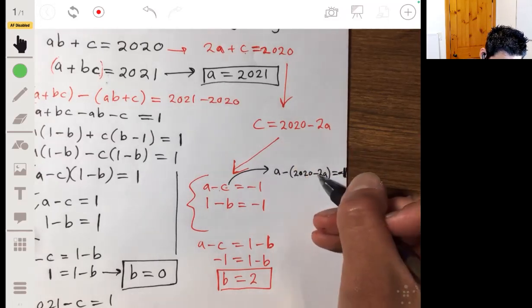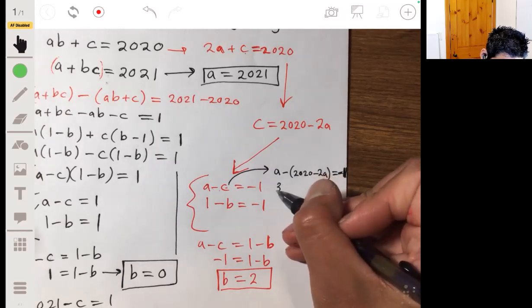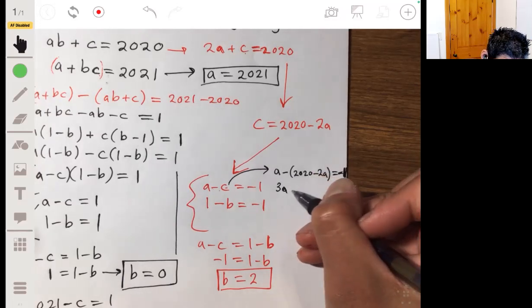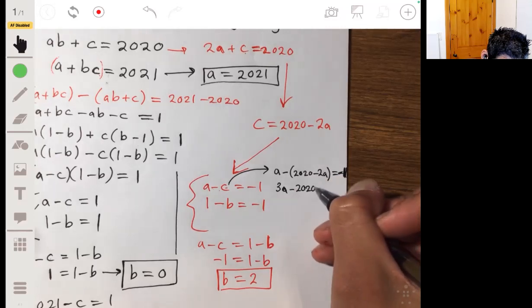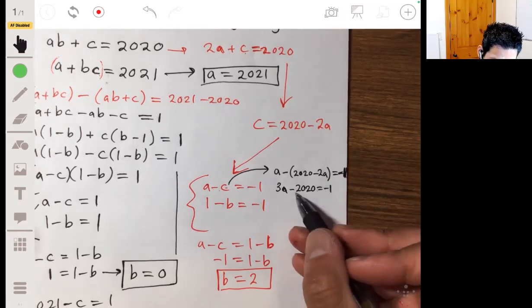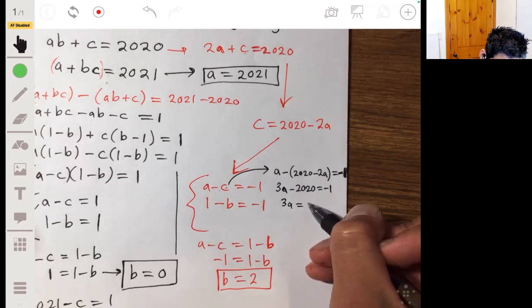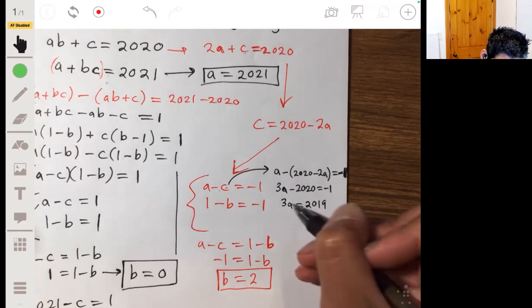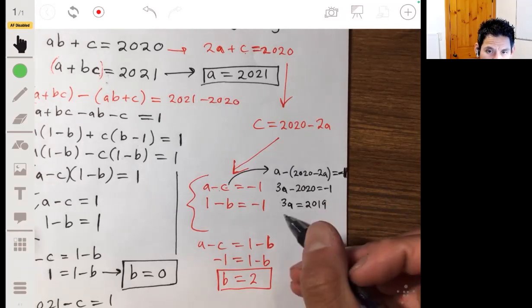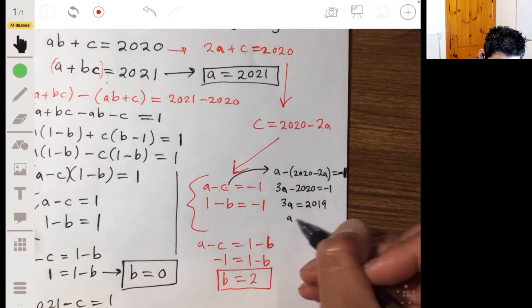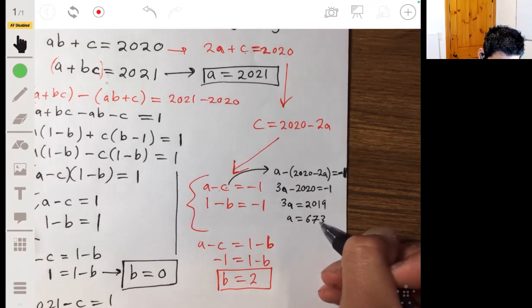So a minus a minus 2a, we get 3a minus 2020 equals -1. Add the 2020, we get 3a equals 2019. Divide both sides by 3, and we'll get a is 673.